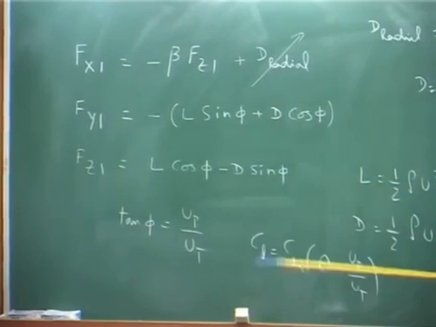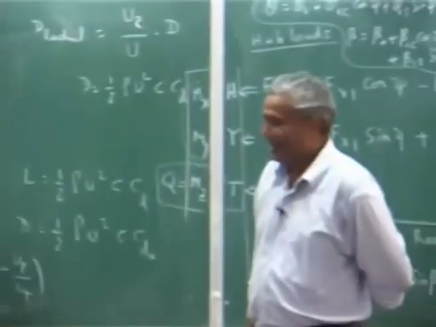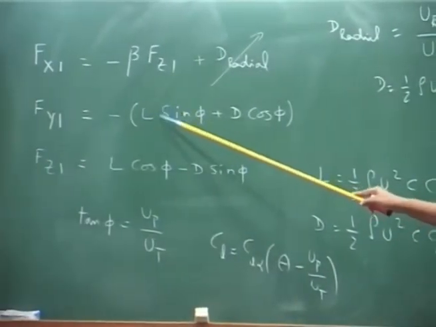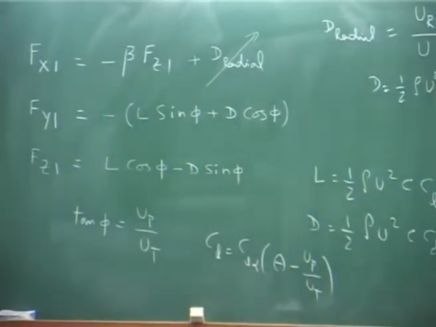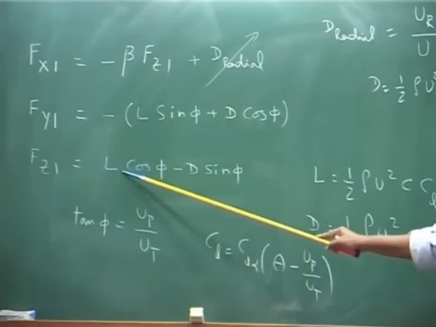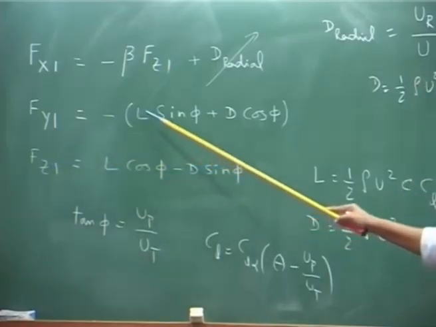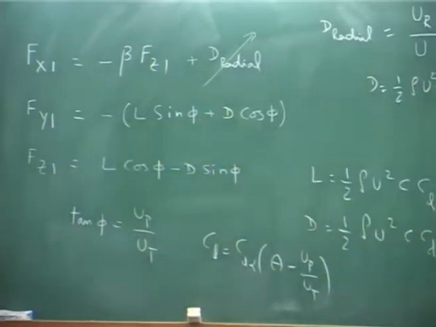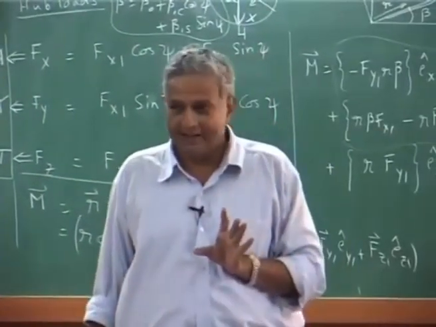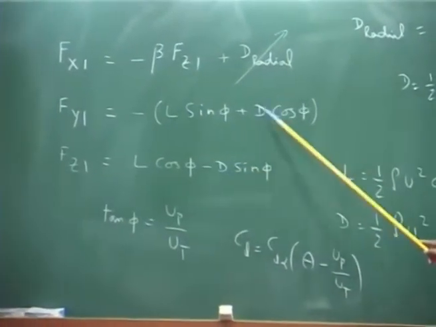What I will do is this is L sin phi d cos phi, and I will replace this L in terms of Fz1, because you know L from this expression. I will write everything in terms of Fz, and a drag, that is the lift and a drag term.